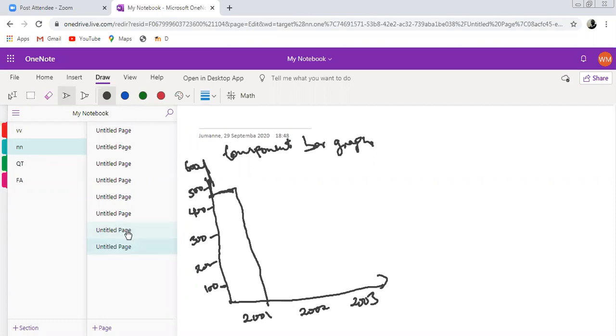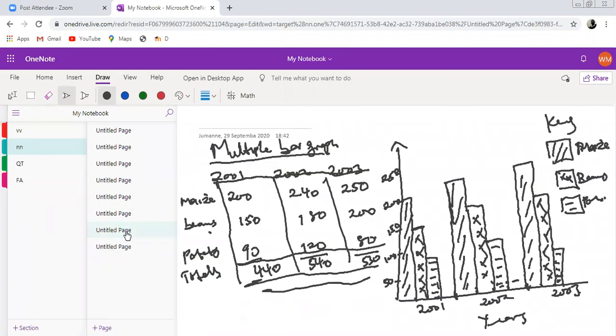Let me finish with the 2001. We have got a height of 440, but this height is comprised of 200 for maize, 150 for beans, and 90 for potatoes. So what you'll come here and do is this.